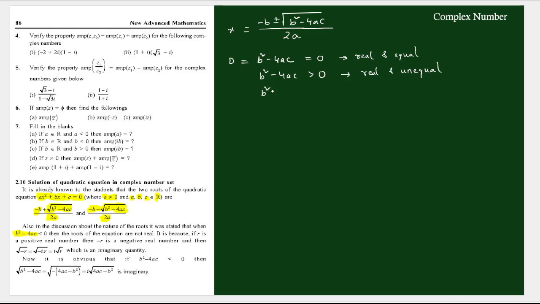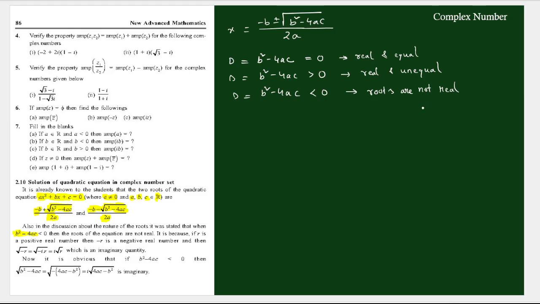And if b square minus 4ac is less than 0, then the roots are not real. So you need to keep in mind this formula, b square minus 4ac. It determines the roots of a quadratic equation.